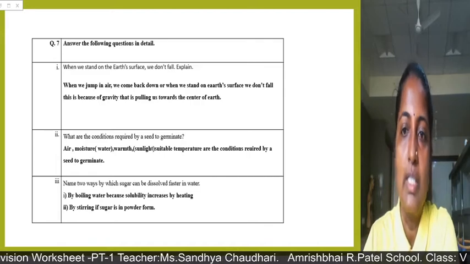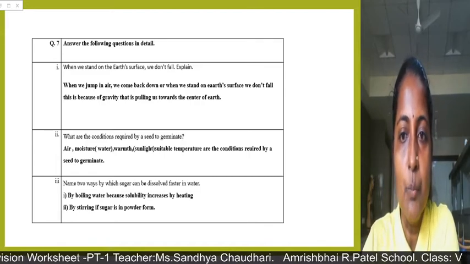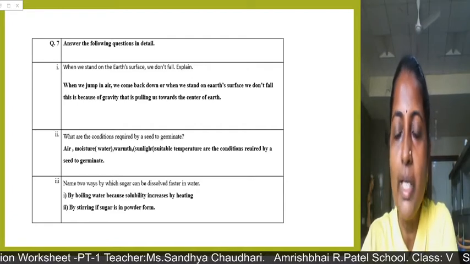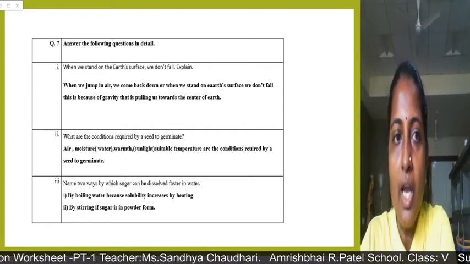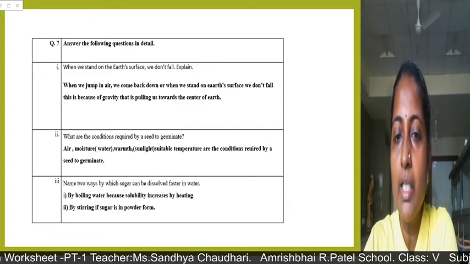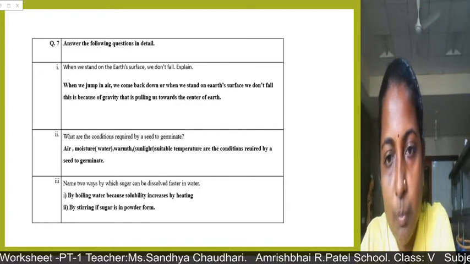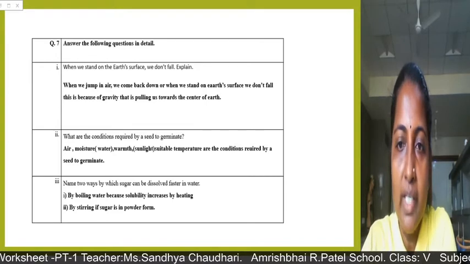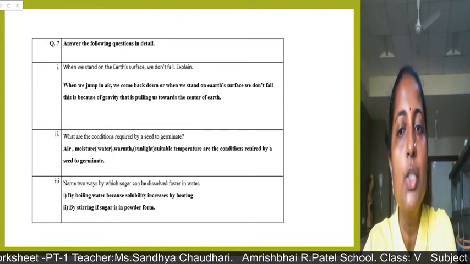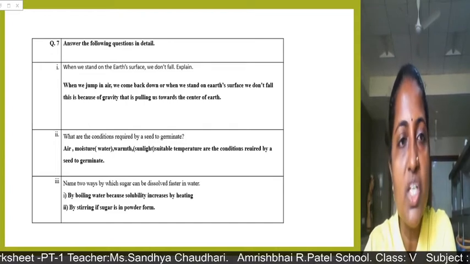Okay, now listen to the important instructions which the teacher is telling now: you have to write the proper question number. Many students have the habit of not writing the question numbers properly. So the very first rule, keep it in your mind: according to the question paper you have to write the question number.